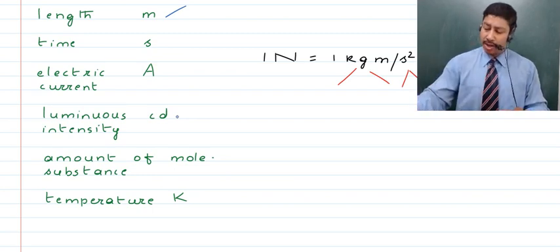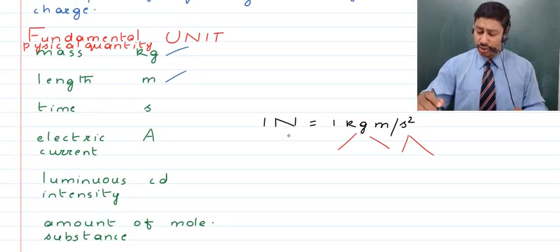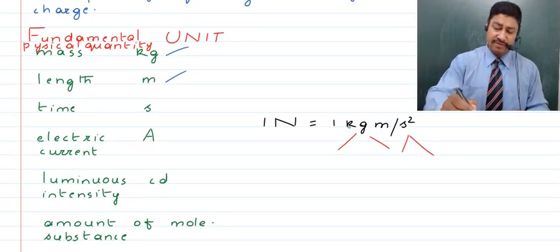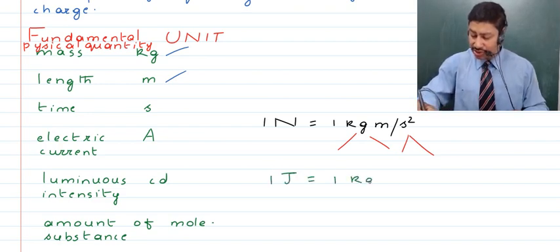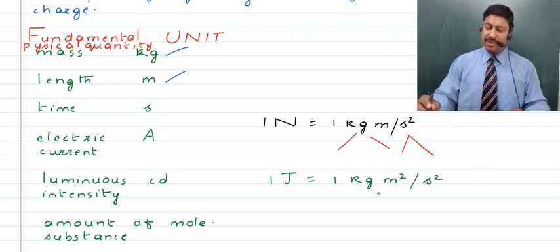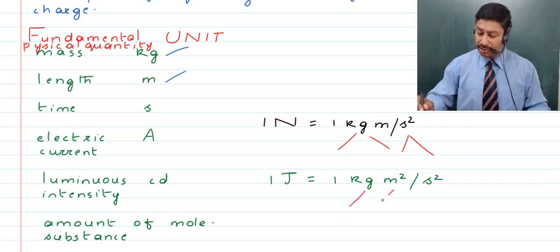Now, when we talk about the units of such type of physical quantities, like we talked about 1 Newton, similarly we can even talk about, say, 1 joule, right? And 1 joule is 1 kg meter square per second square. Here, what we can do is break this up into 1, 2, 3, 4, 5 parts.